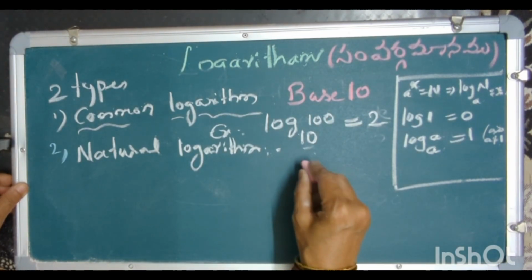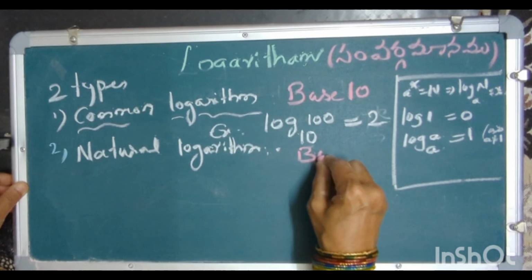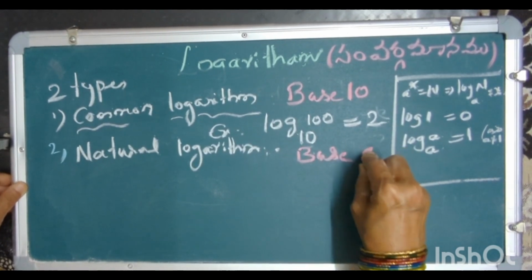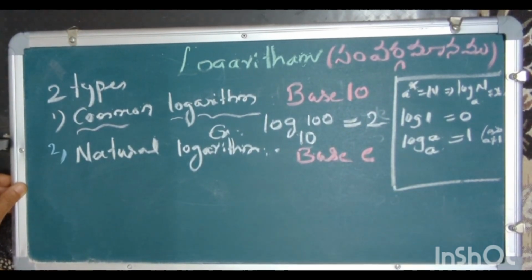Natural logarithms, base E. E అనేది యూలర్ నెంబర్.